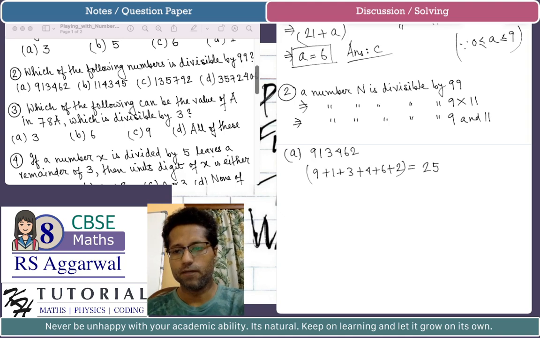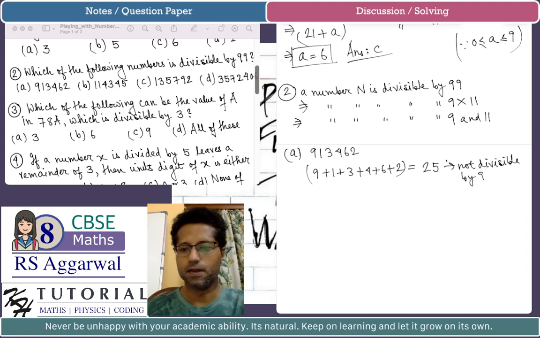This is equal to 25, and 25 is not divisible by 9.